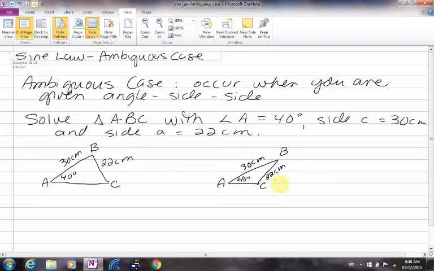If I take this length across from my known angle, the shortest it will ever be is when I form a right angle at the bottom, right? As soon as I go out here, it gets longer. As soon as I go out here, it gets longer. Its shortest possible length is where this angle, at angle C, is a right angle. Okay? So this length has to be longer than that shortest possible length, but shorter than this length in order for there to be two possible triangles.